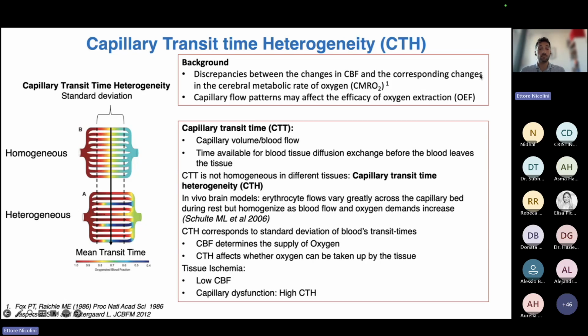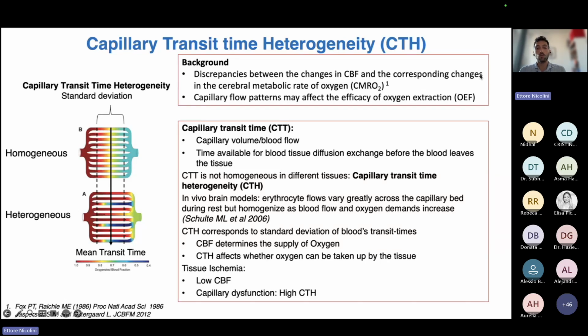As seen from in vivo brain models, this capillary transit time is not homogeneous, both in resting state and in a state of reduction of perfusion pressure, but it shows heterogeneity. So we talk about capillary transit time heterogeneity.